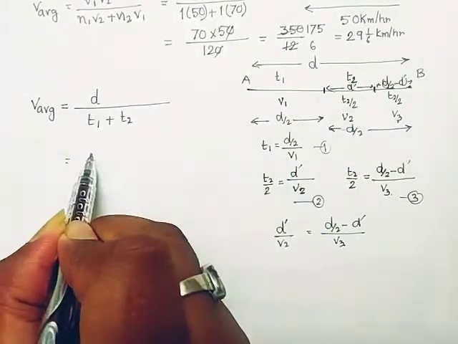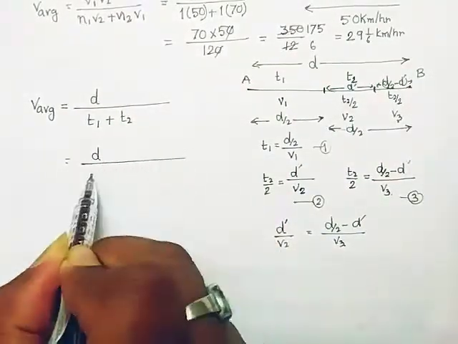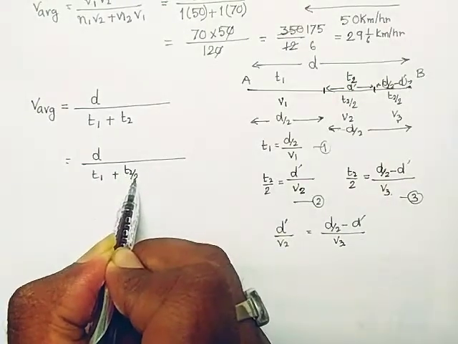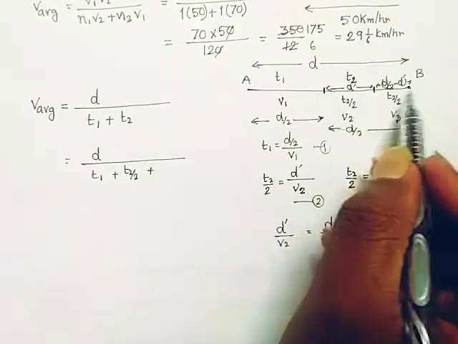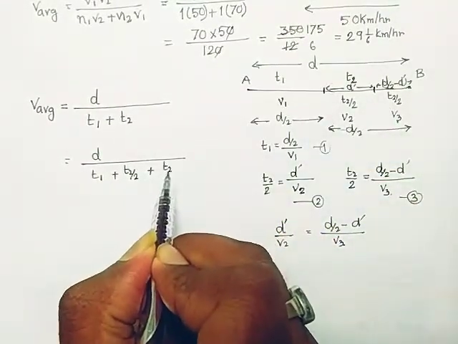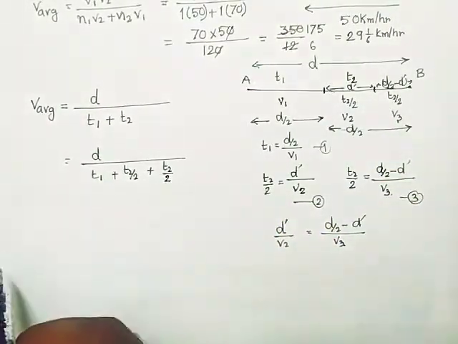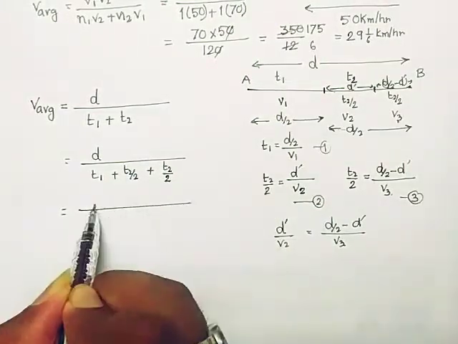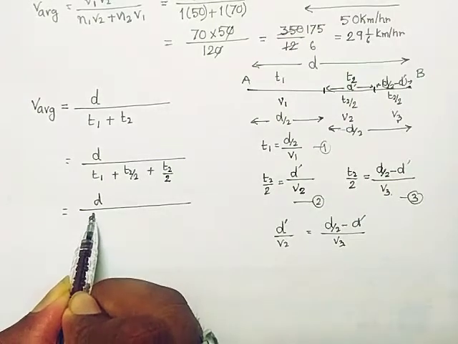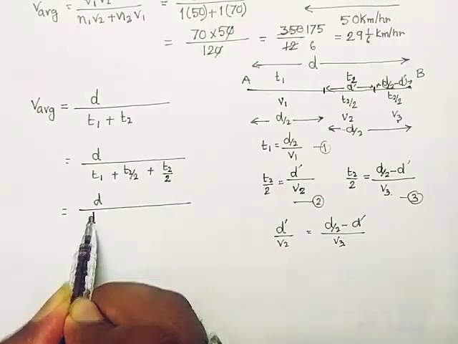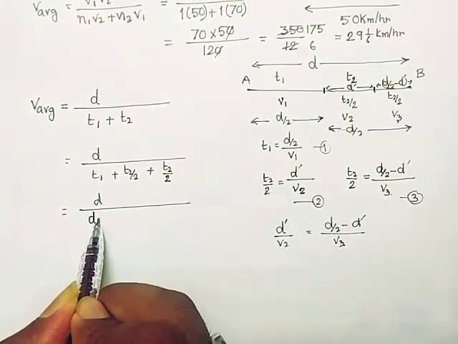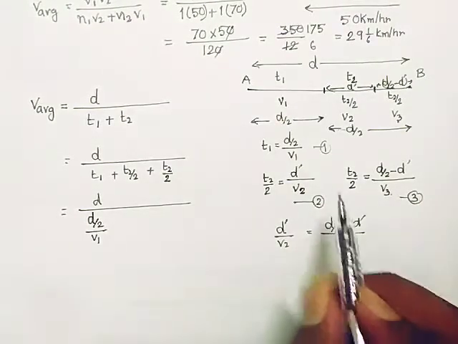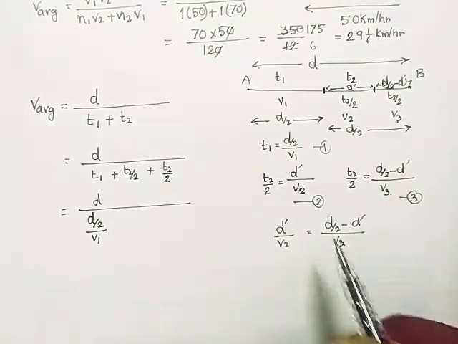Now the first section is covered with the time t1, and the second section is covered with the time t2 by 2, and the third section is covered with the time t2 divided by 2. So for the first section the time is d by 2 divided by v1, but for the second and third sections d prime is the unknown quantity.